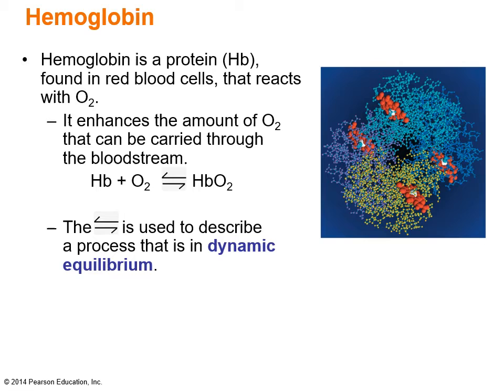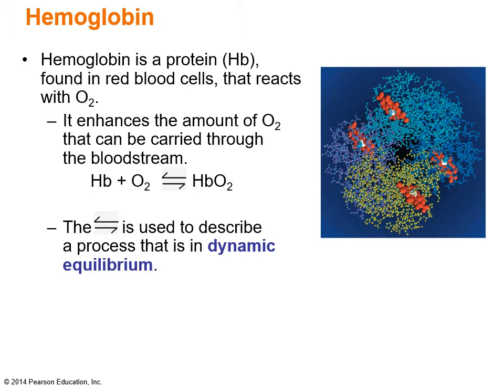Let's look at an example in our bodies on how equilibrium works. If we think of the protein hemoglobin, it is a protein found in the red blood cells. It contains iron at its core, and it reacts with oxygen. It binds oxygen to the hemoglobin and allows it to be transported throughout our body.